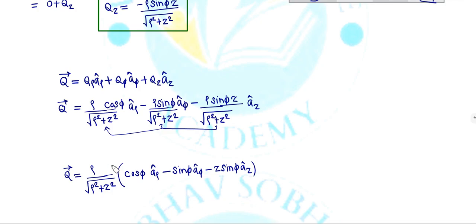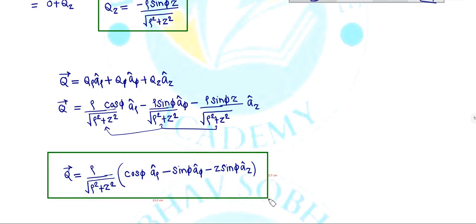Okay, so this is your final answer, that we have converted the vector q which was in the Cartesian system in its cylindrical form. Okay, so this is your final answer.